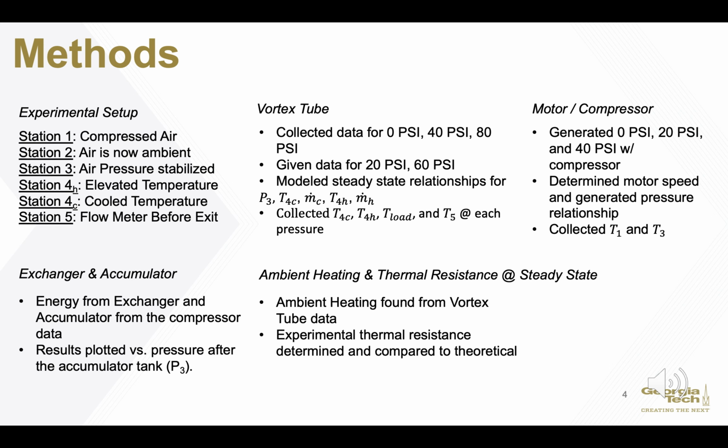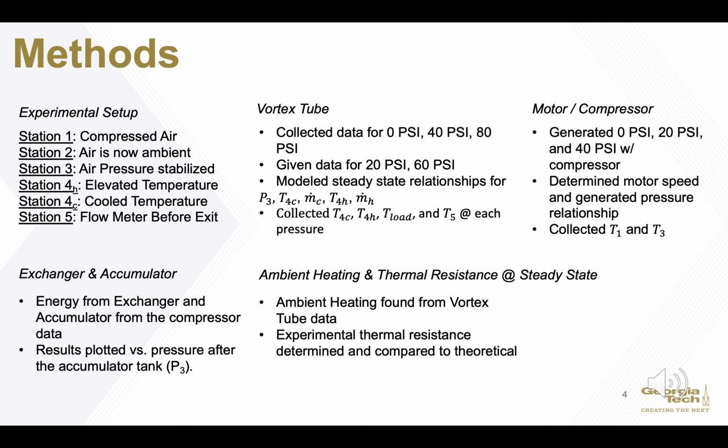Similarly, for the motor and the compressor, we generated code based on 0, 20, and 40 psi. With the compressor, we showed the relationship between the motor speed and generated pressure, and collected those 2 temperature values, which you can see in the diagram on slide 3 where the intro was.